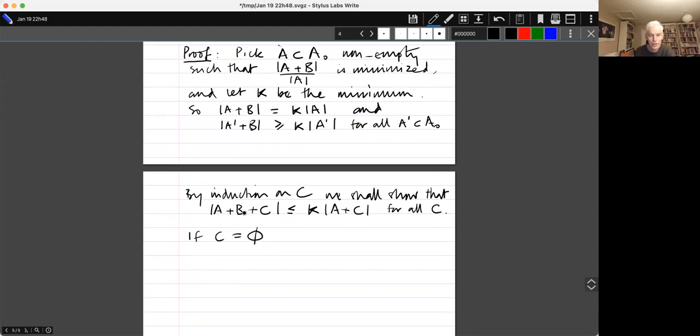It tells us that the size of A plus B must be at most K times the size of A, but that's exactly what we've written here, except we've got equals rather than at most, so no problem at all there. So now, assume the result for C.